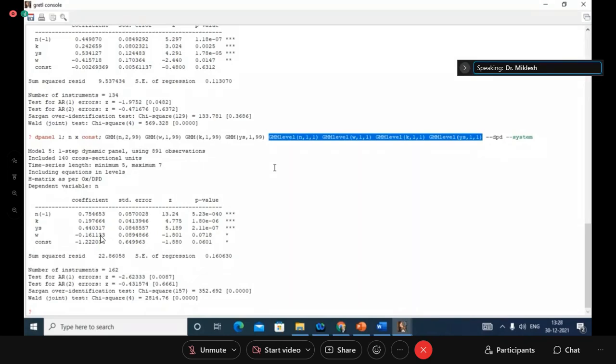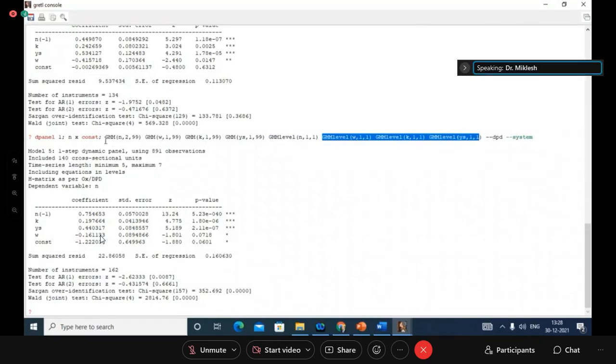It says my instrument variables are this. GMM level means what? GMM level of n11. So it says to consider the two equations. 1 means like 1 to 1, only one of each.